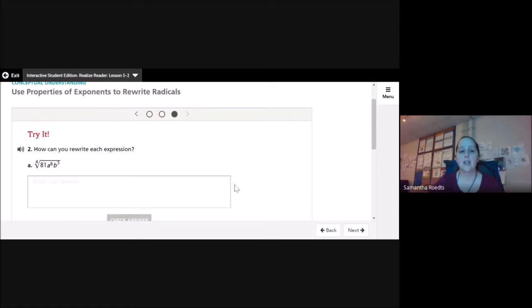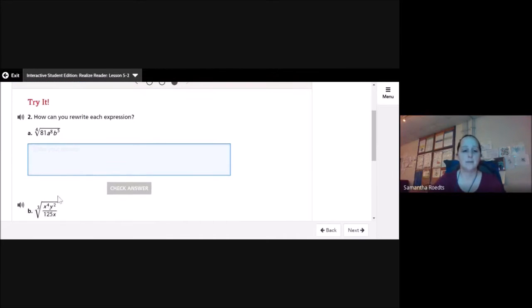So how can I rewrite the expression, the 4th root of 81, a to the 8th, b to the 5th? Okay, so if I were to do this, a to the 8th has 2 4th roots because 2 times 4 is 8. B to the 5th has 4, so I can actually separate this.